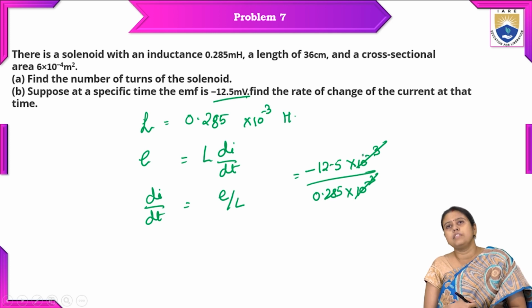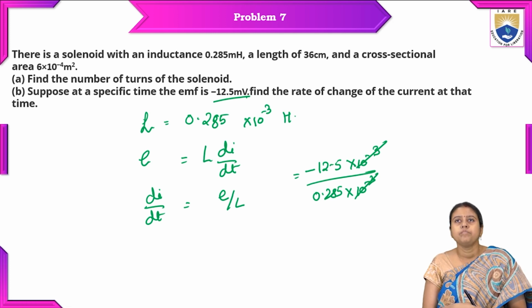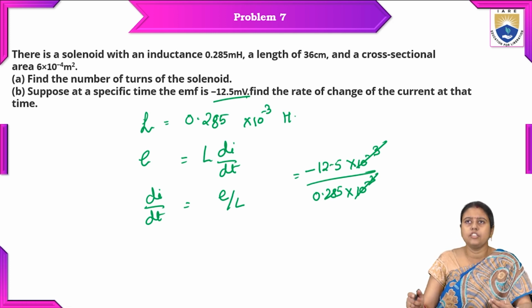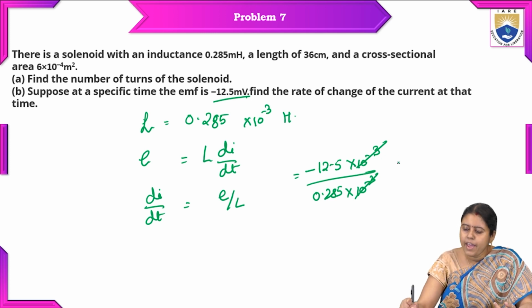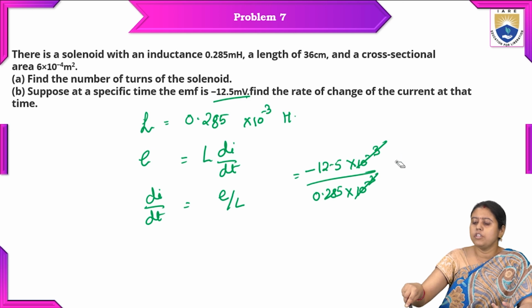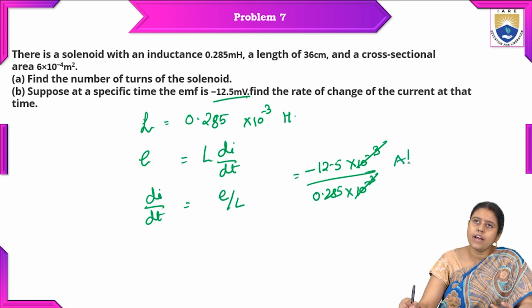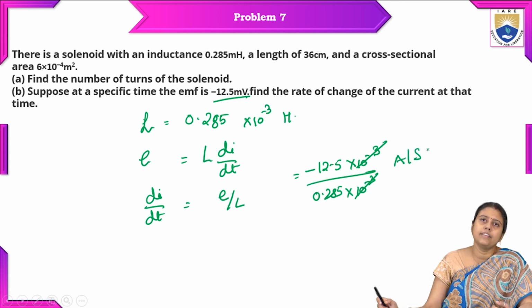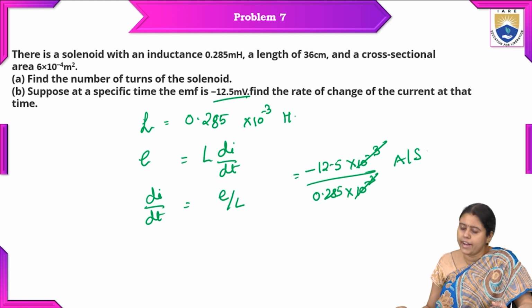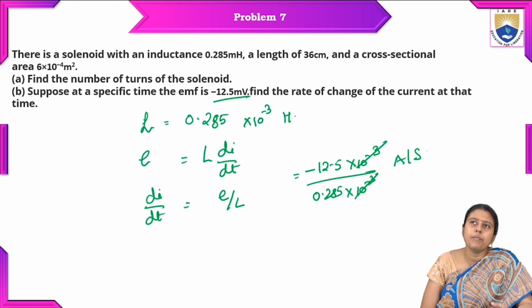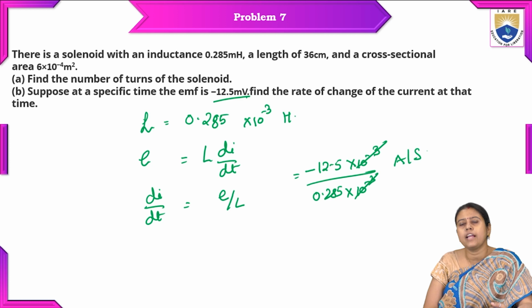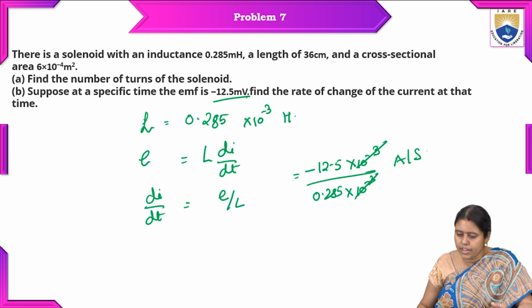If we solve this equation, we can get the rate of change of current at the given time, and the unit will come as ampere per second. In the case of EMF, as this is a physics-based subject, the unit is very, very important.